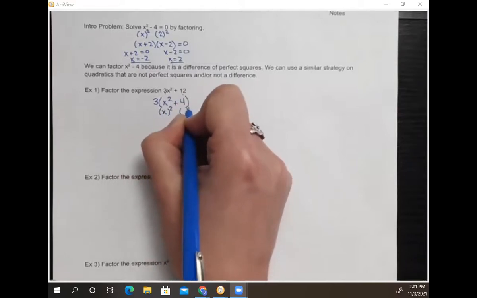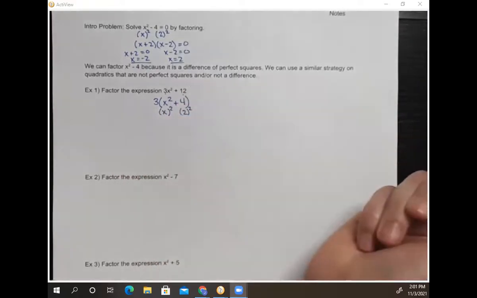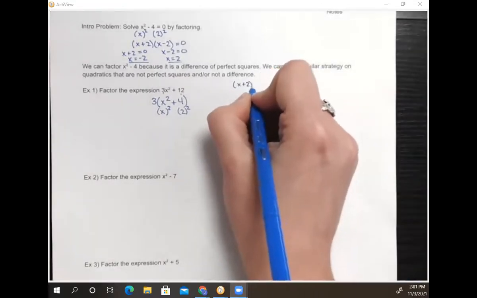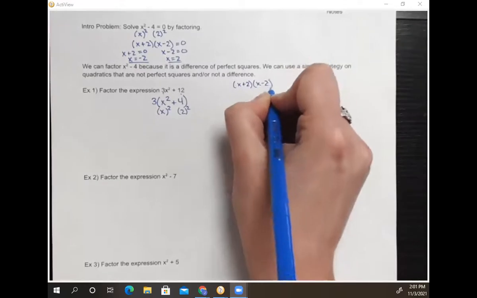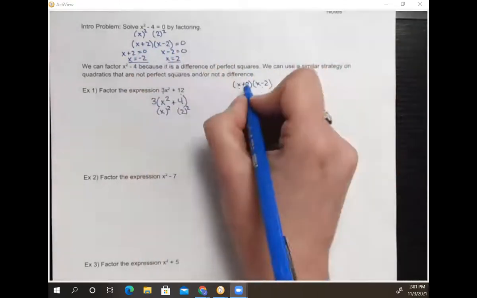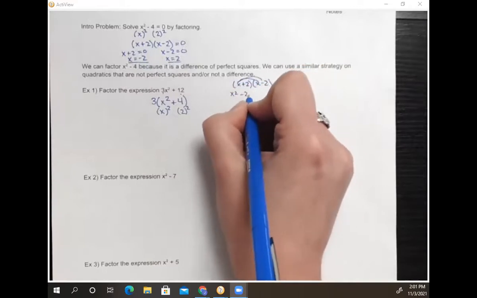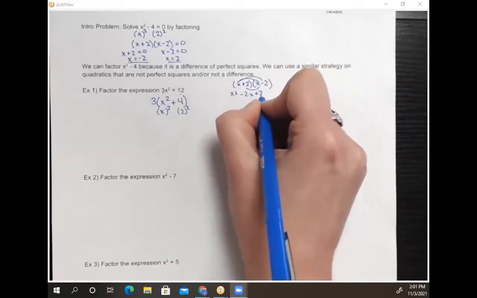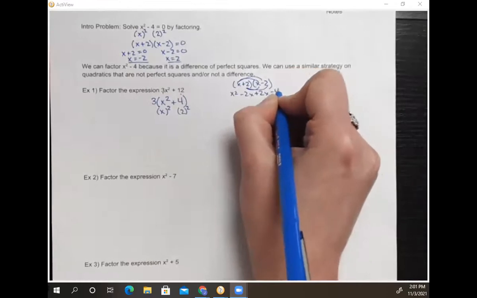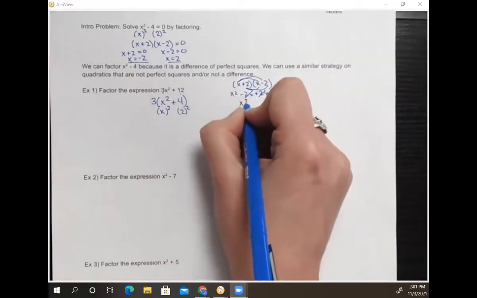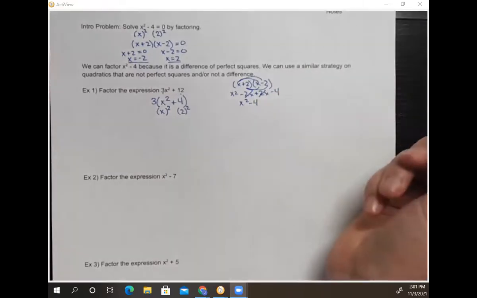To get 4, I would square 2. Now, if I just did x plus 2 times x minus 2, like we did up here, when I distribute back, I would get x squared minus 2x plus 2x minus 4. When I combine my like terms, my x's cancel each other out, and I would get x squared minus 4.